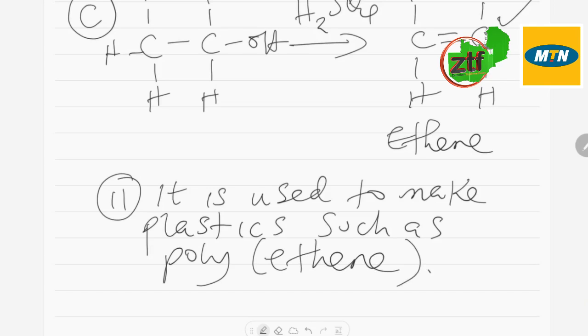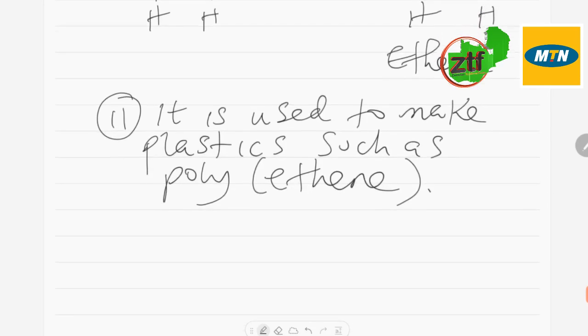That's one important use of the organic product. It is used to make plastics such as polyethylene. Okay, we're done with that question.